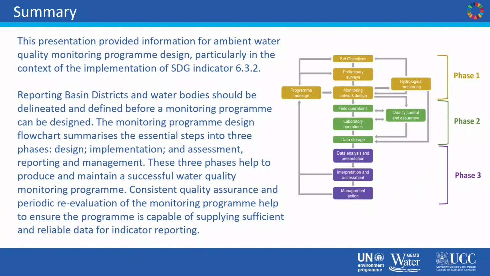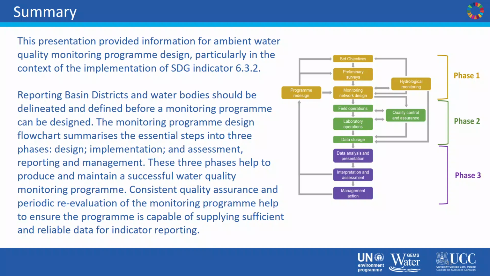So just lastly, this presentation provided information for ambient water quality monitoring program design, particularly in the context of implementation of SDG indicator 6.3.2. Reporting basin districts and water bodies should be delineated and defined before a monitoring program can be designed.